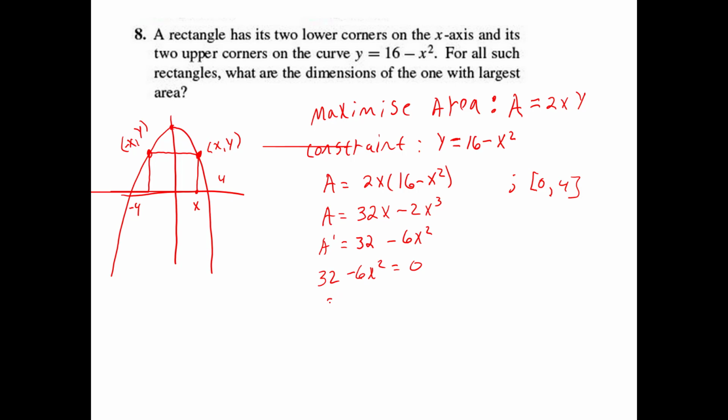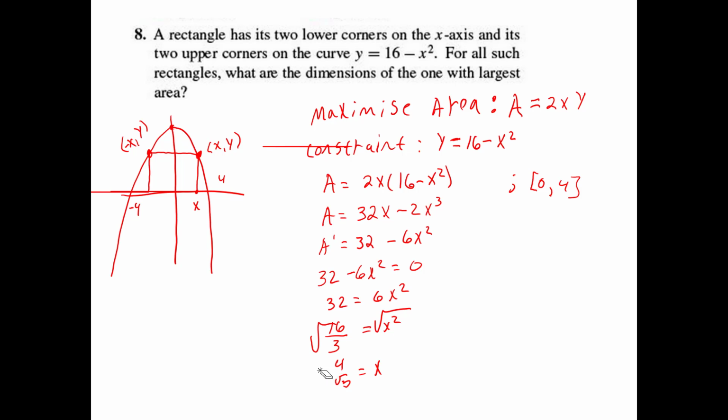So then 32 will equal 6x squared. You divide both sides by 6 and you get 16 over 3 is equal to x squared. And then if you square root both sides, you get 4 over the square root of 3 is x.